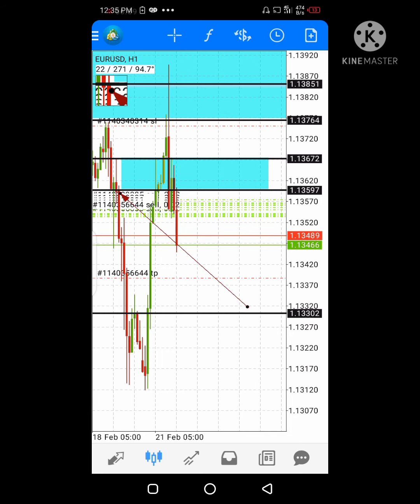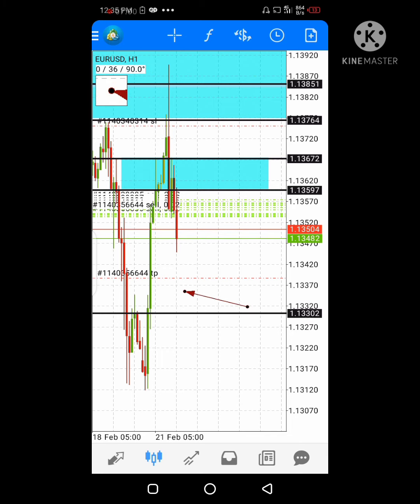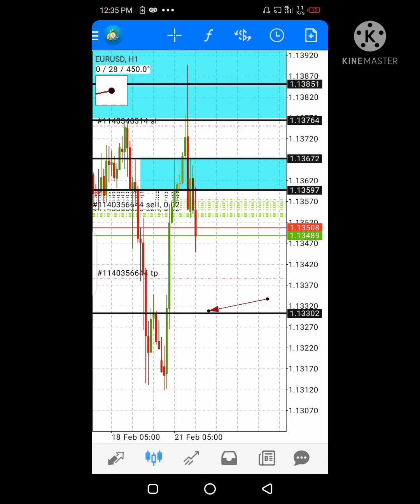So price broke this supply zone, this demand supply zone. Yeah, it broke down. It closed below it. So when it closed below it with this red candle, it tested it with this green candle, and now it went down with this red candle. So we expected price to move down to here before making a possible turn.